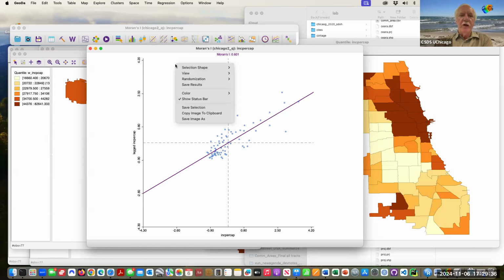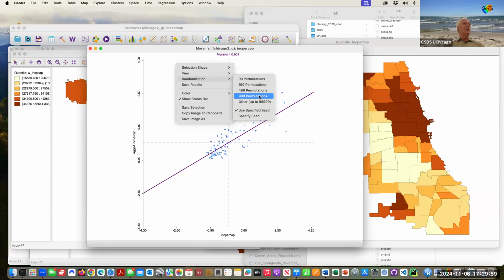If you click on here you see randomization, the number of permutations. And what I'm going to do is go down to 999 permutations. What does this do? Under the hood, it shuffles 999 times.